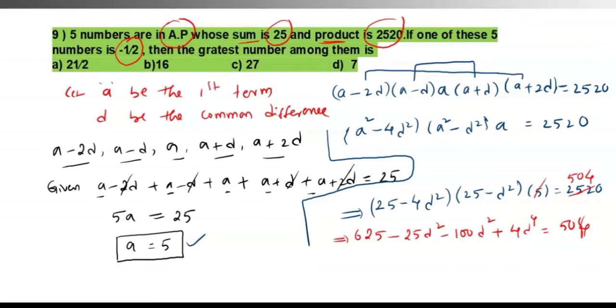Now simplify this: 4d to the power 4 minus 125d square, the constant value, 625 minus 504 is 121, plus 121 is equal to 0.